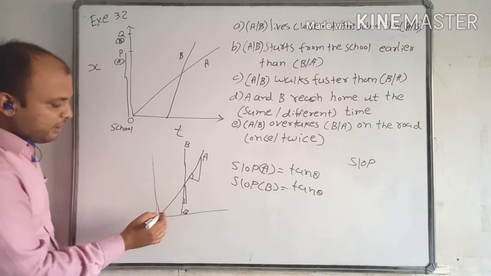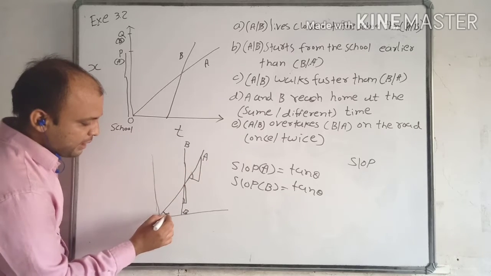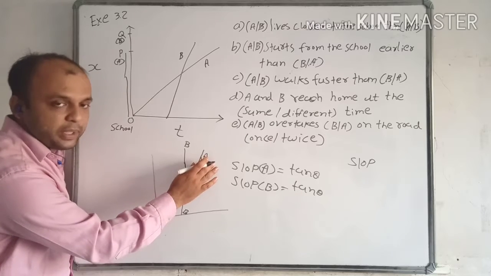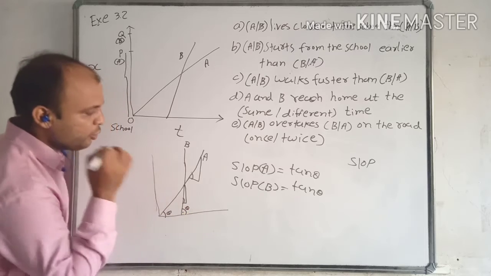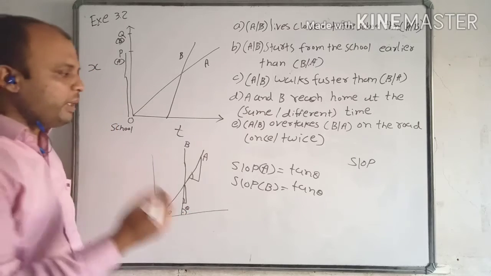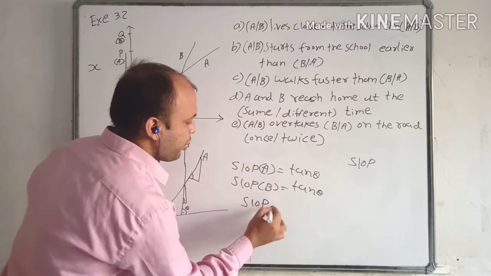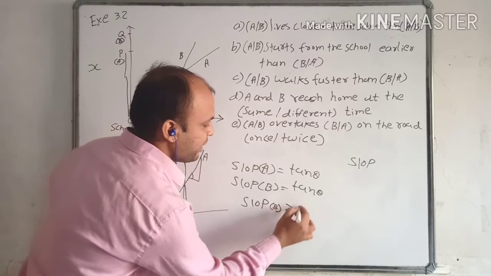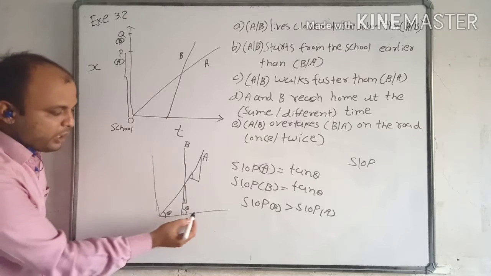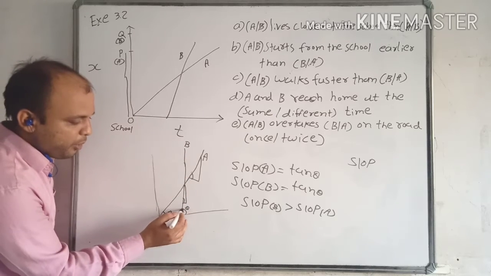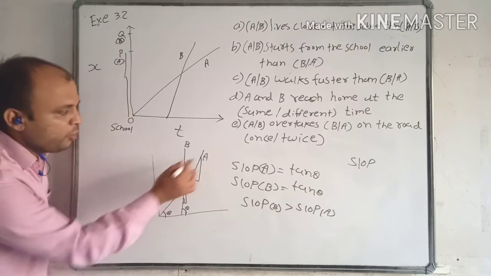You can check that the angle of A from the x-axis is smaller than the angle of B.